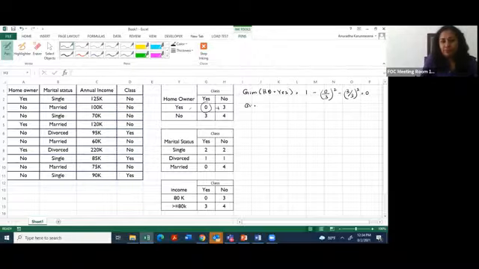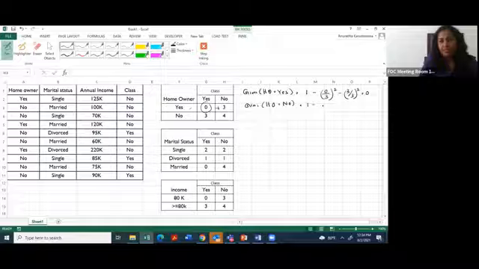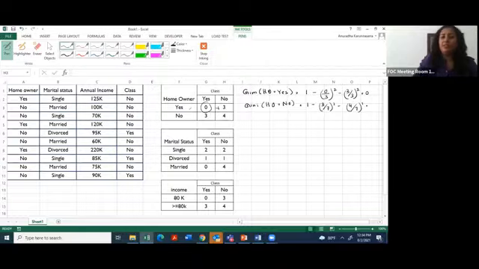So Gini homeowner equals no. Then how do you get it? 1 minus 3 divided by 7 is your first value, first class. Next one is 4 divided by 7, squared. What is the value, students?